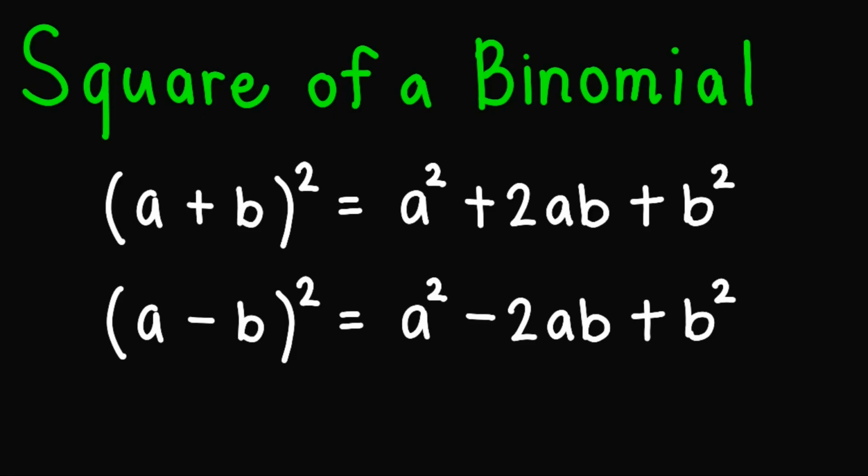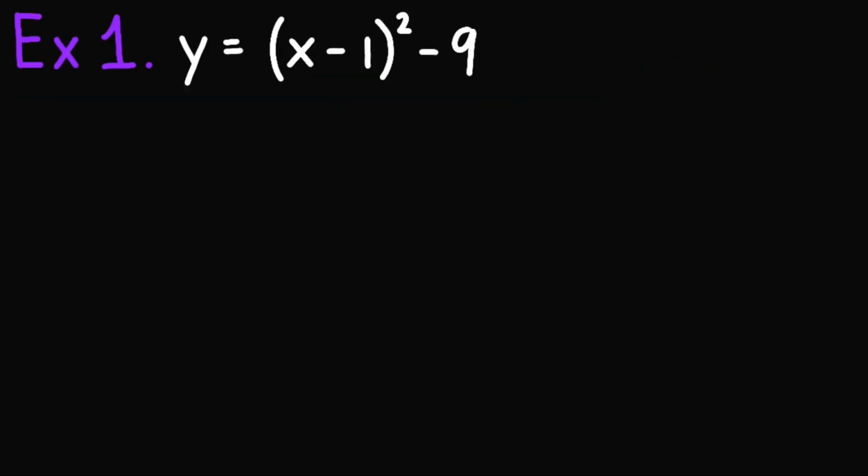So to start, let's have our first example. We are given y equals the quantity x minus 1 squared minus 9. Before we start, feel free to pause the video so that you may try this one first on your own.